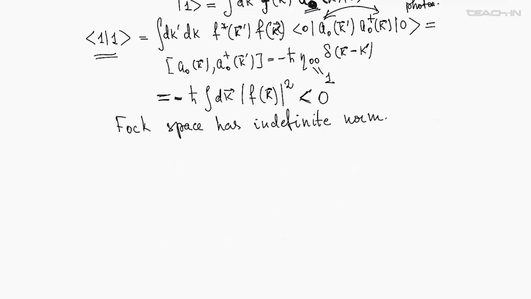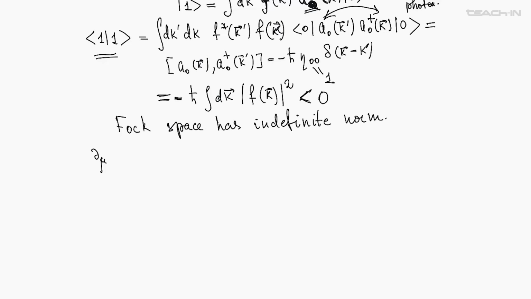Now you may wonder whether all these unphysical features, too many degrees of freedom and indefinite metric, arise because we have not yet taken into account the gauge condition, say d mu A mu equal to 0.